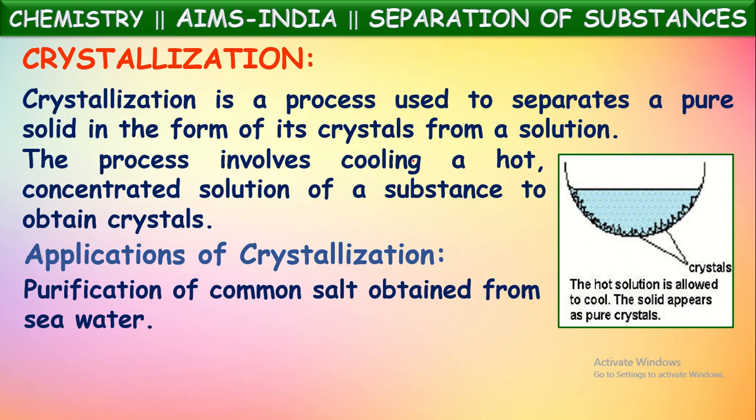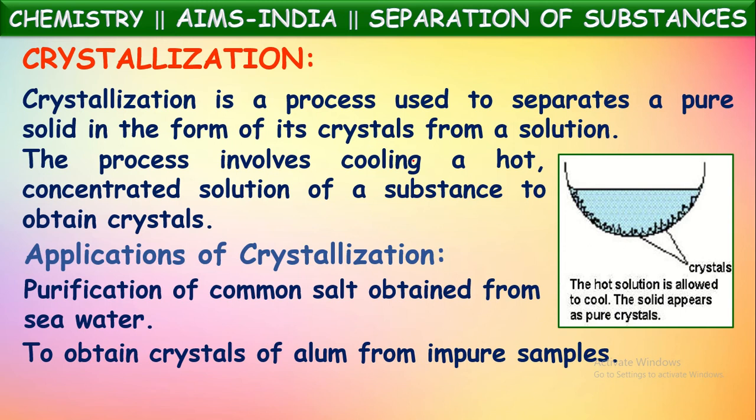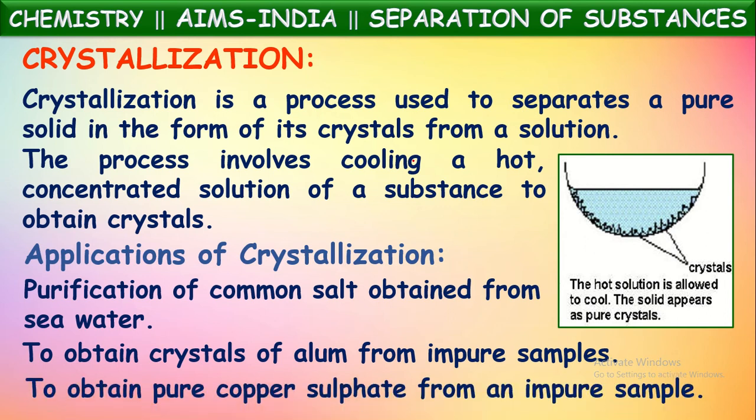It is also used to obtain crystals of alum from impure samples. Yes, not only common salt, even alum is separated from its highly concentrated solution by the process of crystallization. And even to obtain pure copper sulfate from an impure sample.